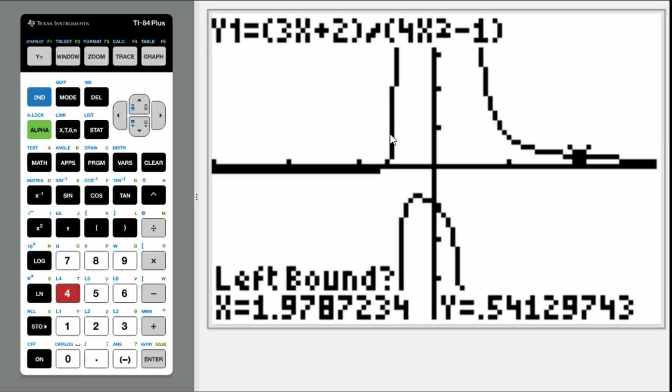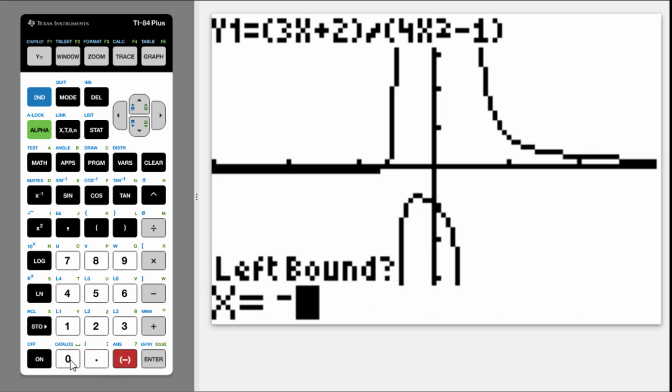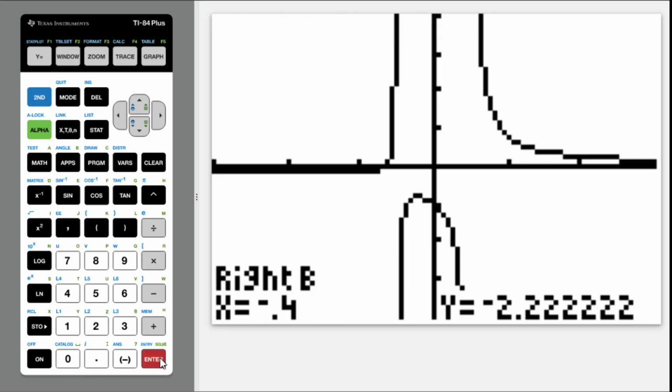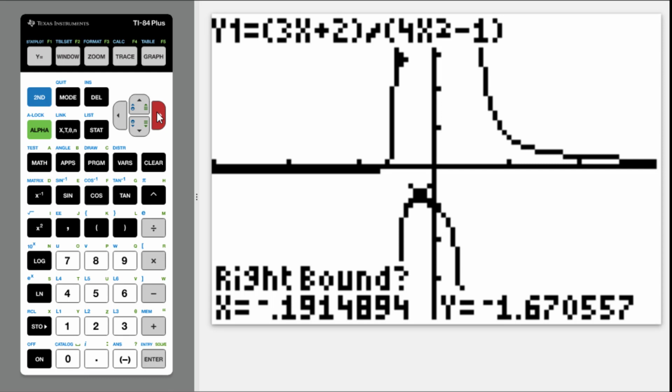We know this is negative 1 over 2. For the left bound, we set negative 0.4. Enter. Then move the arrow to the right side of the local maximum point. Then enter.